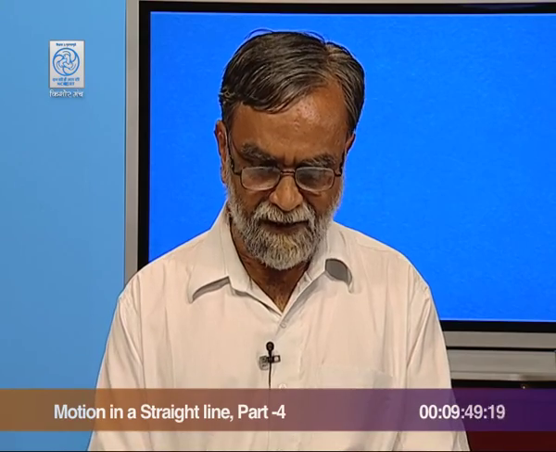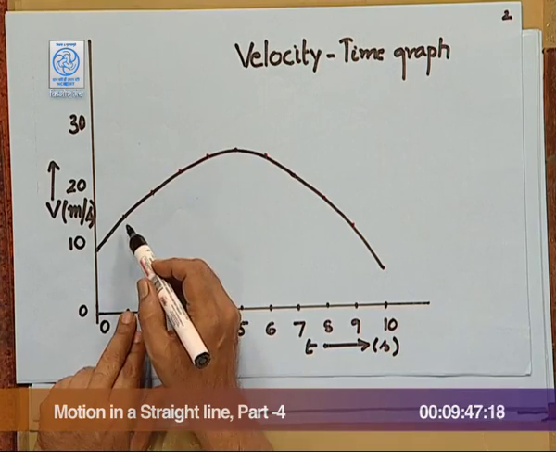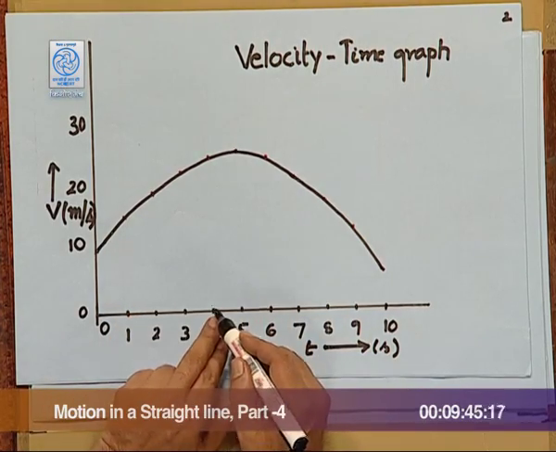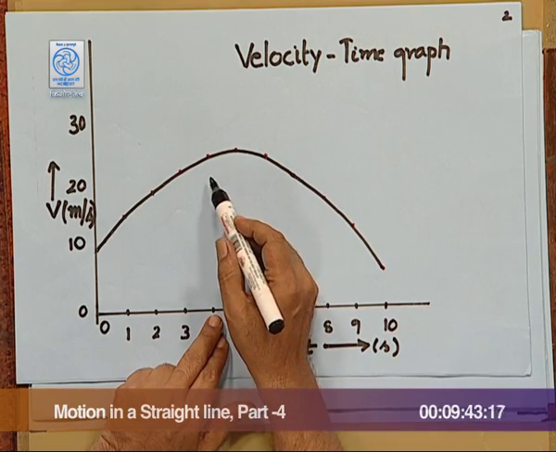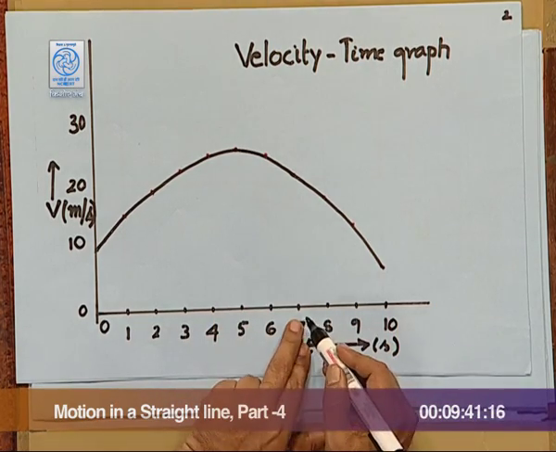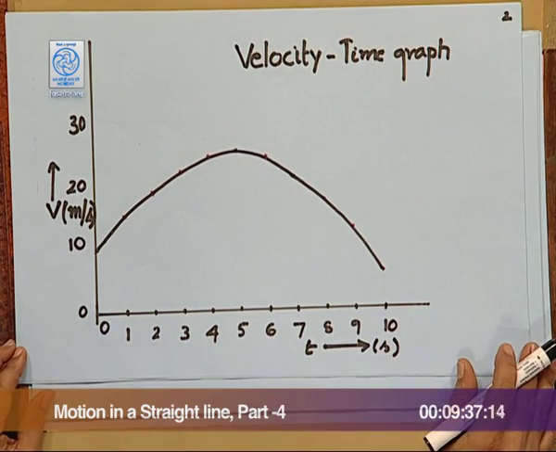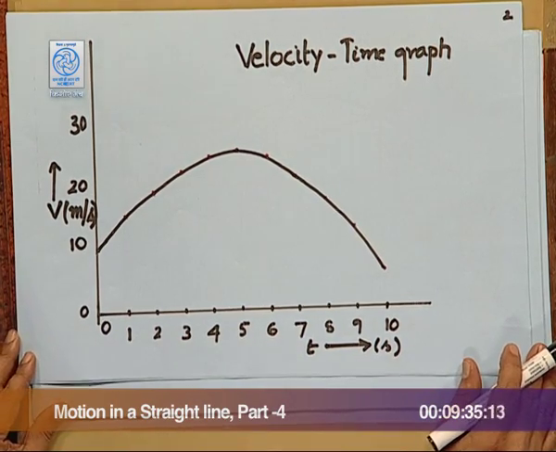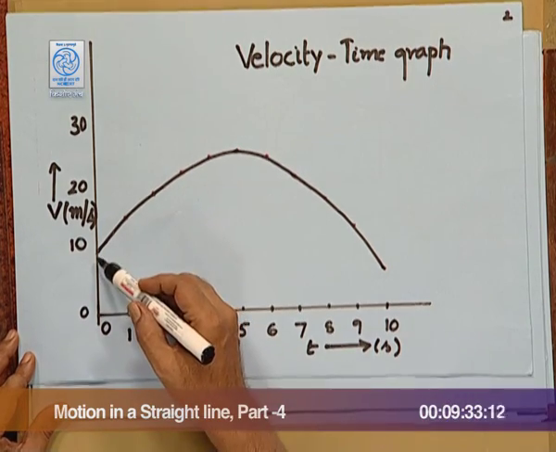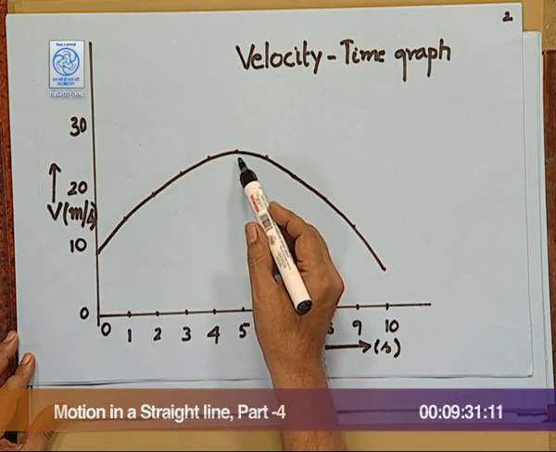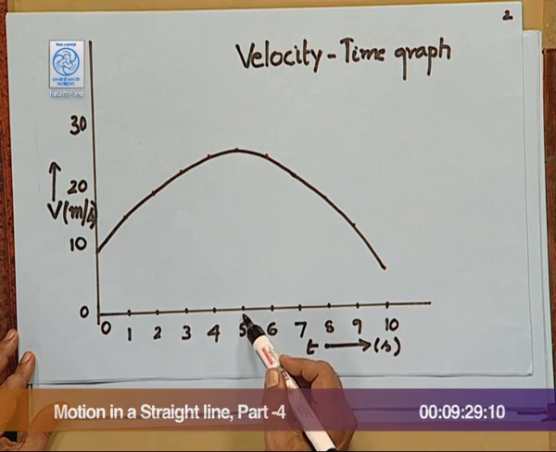At t equal to 1 second, the velocity is 15 meters per second. At 4 seconds, it is 23.5 meters per second. At 8 seconds, it is 17 meters per second. The velocity goes on changing with time. The velocity is increasing during a certain interval up to 5.